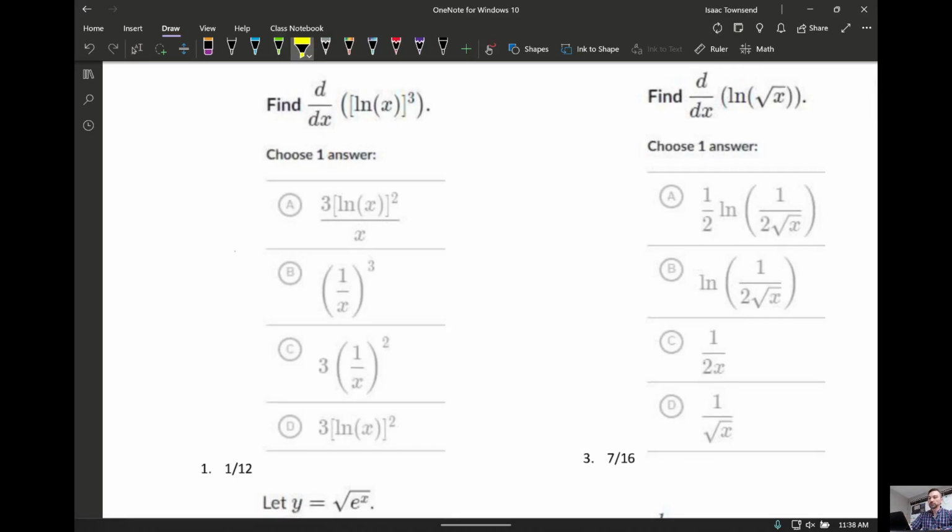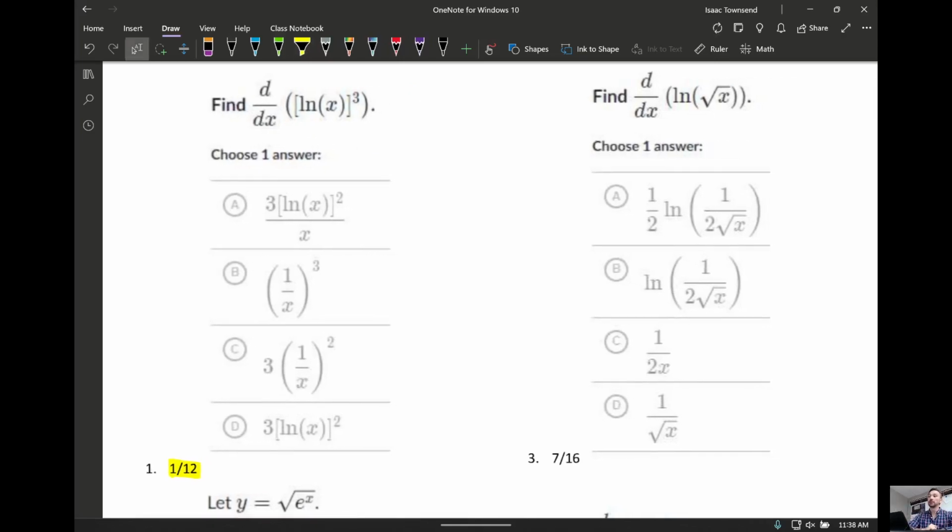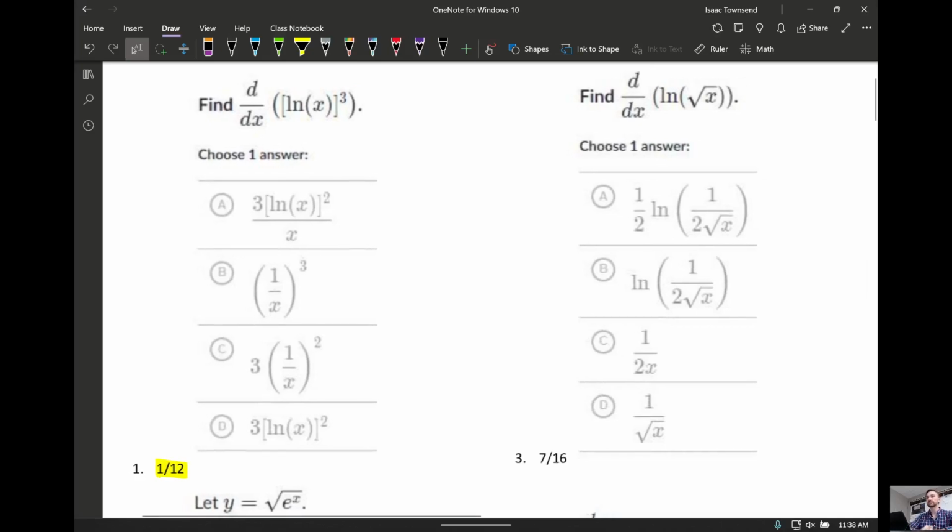So this first one was by far the most missed. There was one person out of 12 who got this question correct, and there's nothing wrong with this question. This would be a fine test question moving forward. So if I want to take the derivative of this, we're still going to use the power rule.